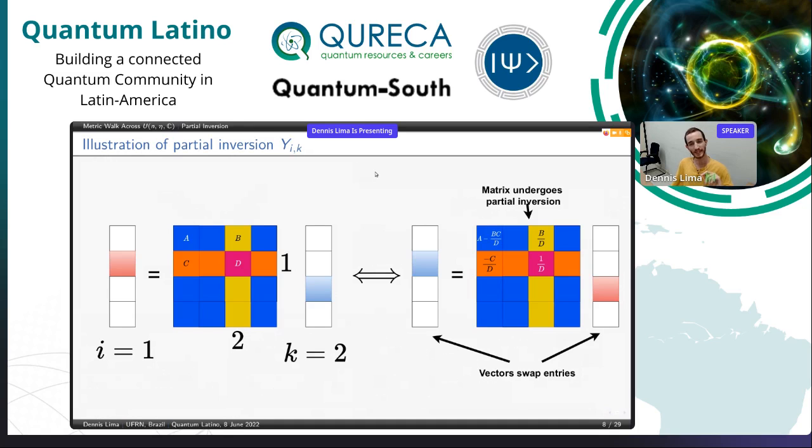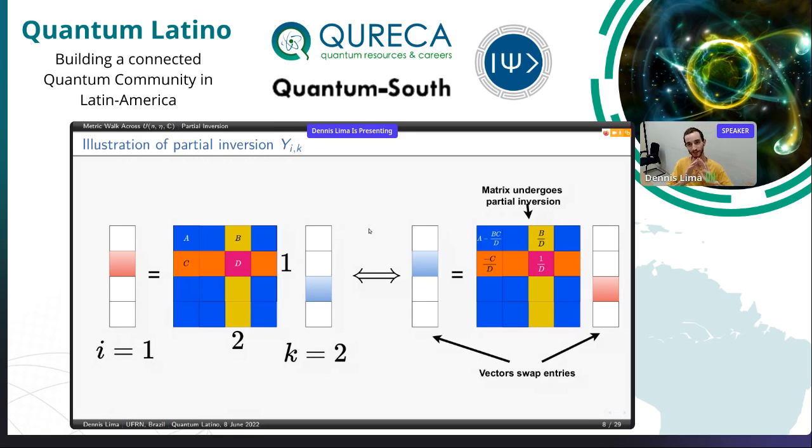So when we map an S matrix to a T matrix, we perform an operation in an equation system. This operation, I labeled Y with the index ik, because when you solve this equation system by permuting the vector entries from one side to another side, we perform simultaneously a partial inversion in this matrix.